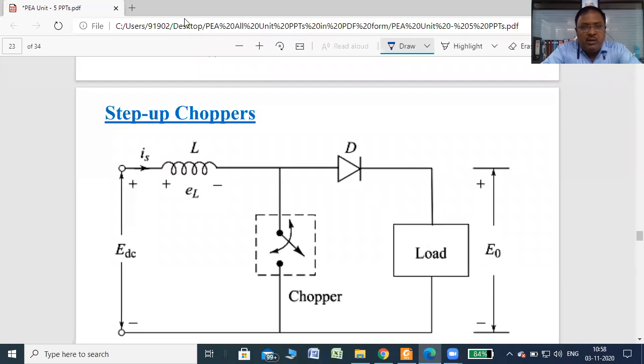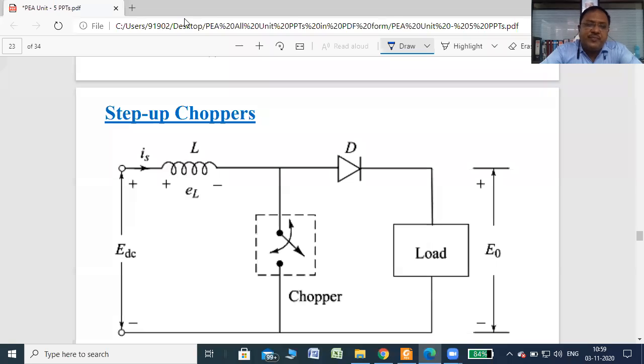If possible, just look at the figure and try to explain how it works. If you understand the working of the step down chopper in a proper way, then definitely you are able to explain a step up chopper. It is quite simple. Anyone? This is a step up chopper.